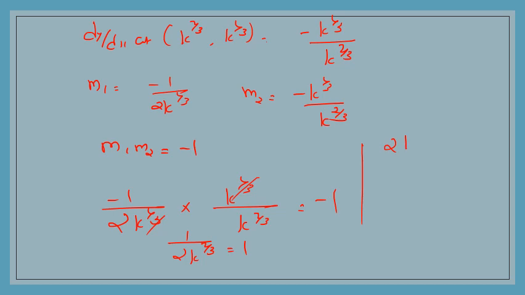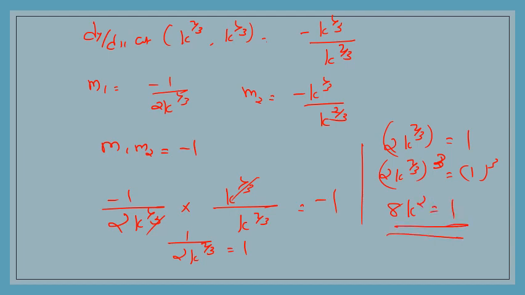So 2k raised to 2 by 3 is equal to 1. Therefore, cubing both sides, (2k raised to 2 by 3) the whole cubed is equal to 1 cube. So you are getting what? 8k squared is equal to 1. This is the answer. Okay.